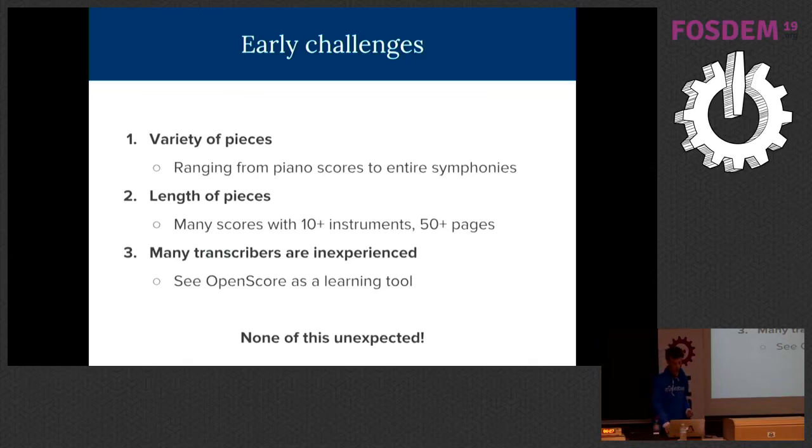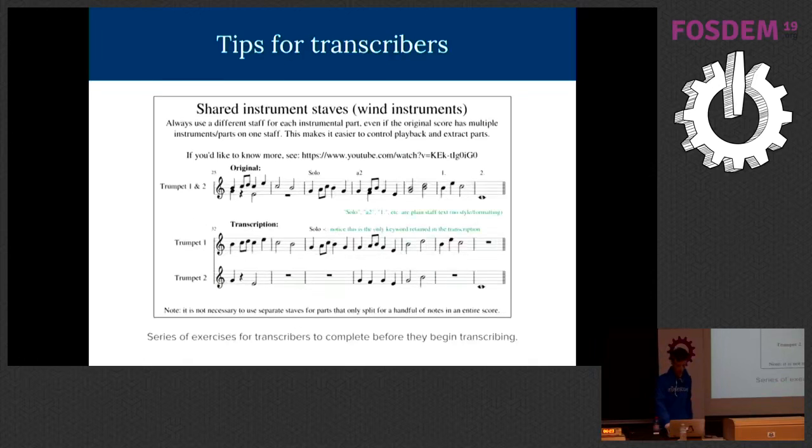So we were hoping to get the longer works, and the way to help those inexperienced transcribers is I published a set of online exercises that they could complete before they started doing the transcriptions. It's basically instructions of, if you see this in the original score, here is how we would like you to notate that in Musescore. So it's like a step-by-step guide.